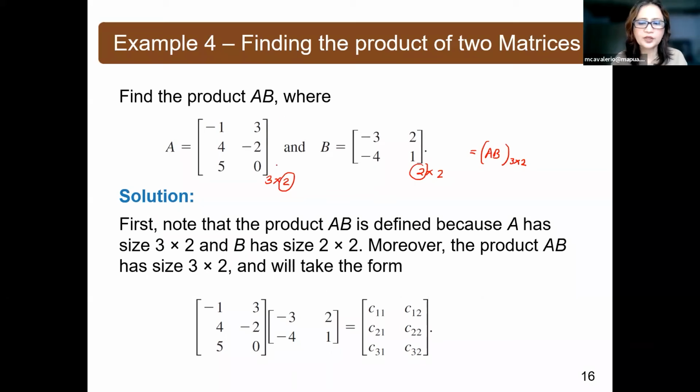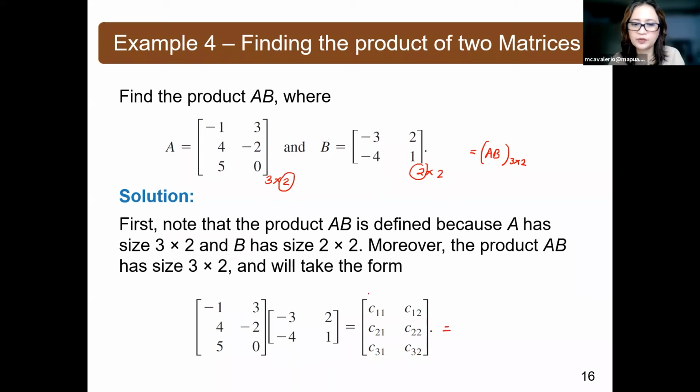Okay, so in order to find the elements of the product AB, we can perform the row and column multiplication. So for example, I have here the product AB, which is a 3 by 2. Let's name the entries as C11, C12, C21, C22, C31, and C32.